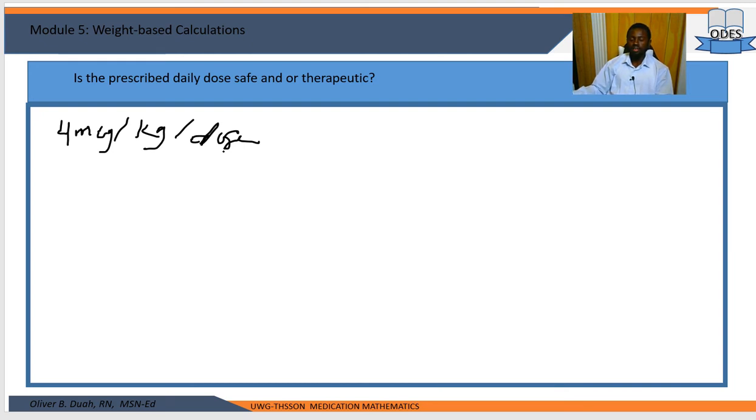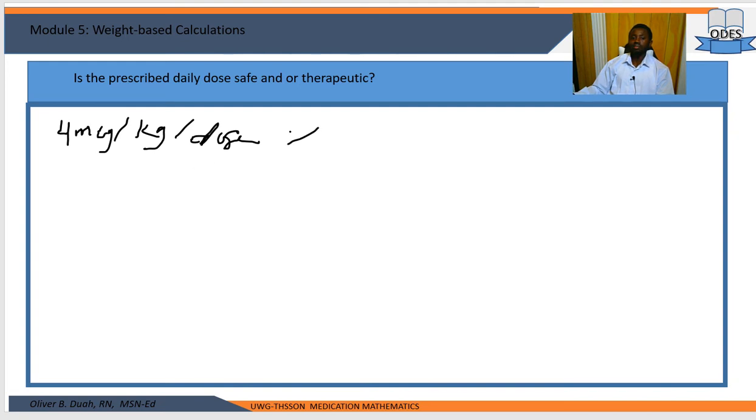Note that our safe therapeutic range is per day, and our ordered dose is per dose. So we have to ask ourselves, how many times are we giving this medication to the patient? And it says twice a day. So we know that in each day we are going to give this dose twice.